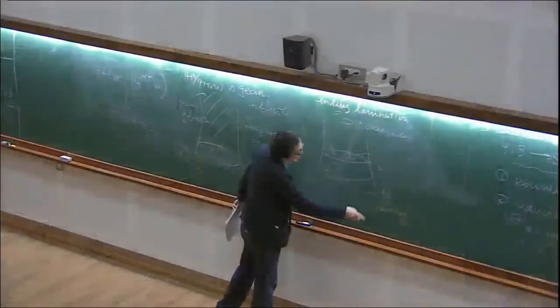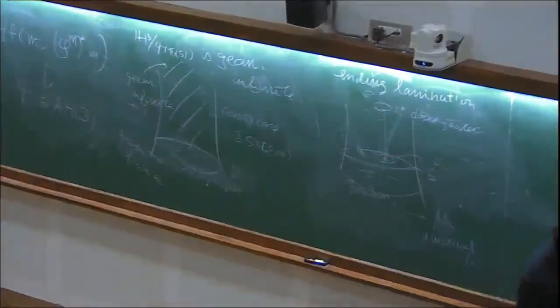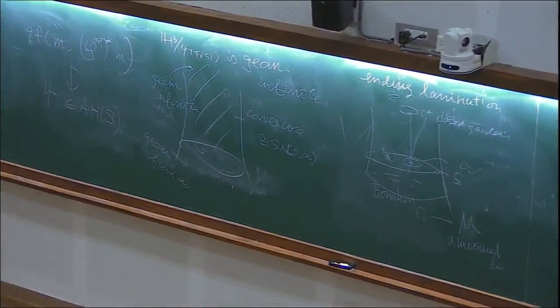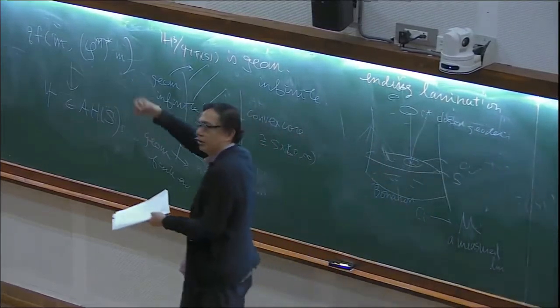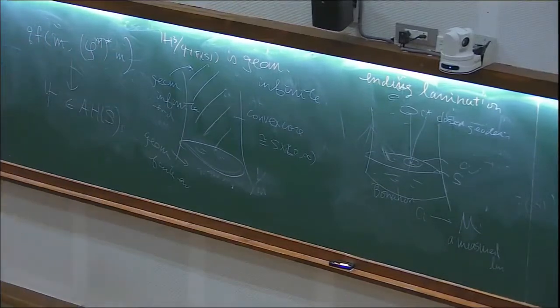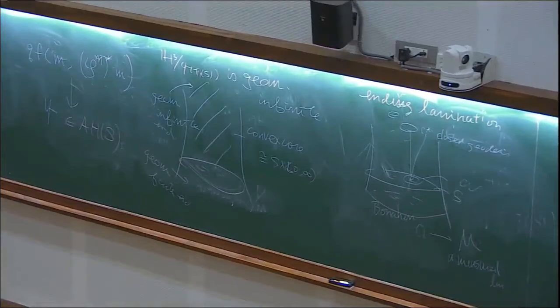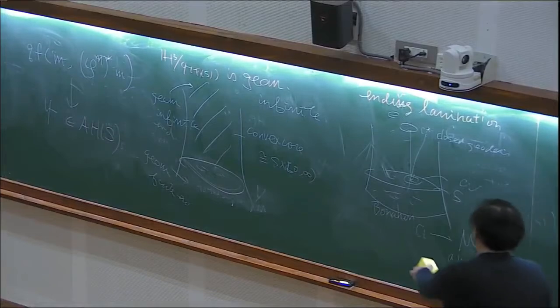So it converges to some measured lamination, and that measured lamination coincides with the measured lamination which appeared here. So from this, you get these two laminations, and one of them appears as a limit of projections of closed geodesics going to infinity. And using this property, we can prove that this is the case.